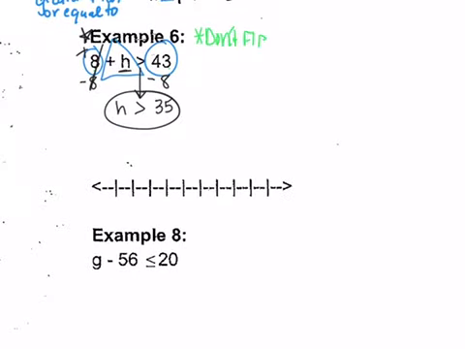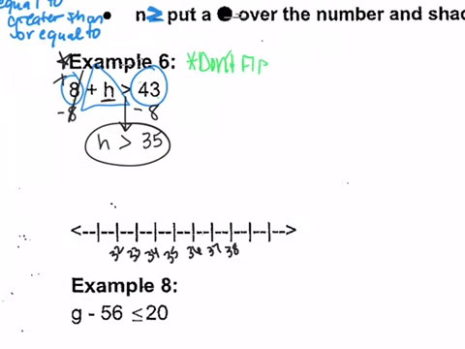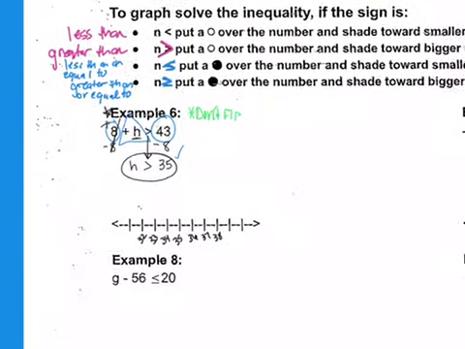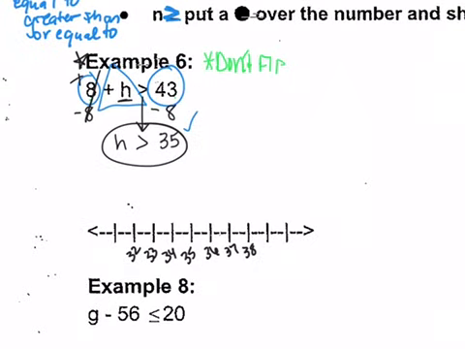And on these little number lines, I just went ahead and filled in with some numbers surrounding. I put the number of my solution in the middle and then just kind of filled in the numbers above and beyond it. My sign is greater than, just plain greater than. There's no line underneath. It's an open circle. So I'm going to put an open dot on 35.